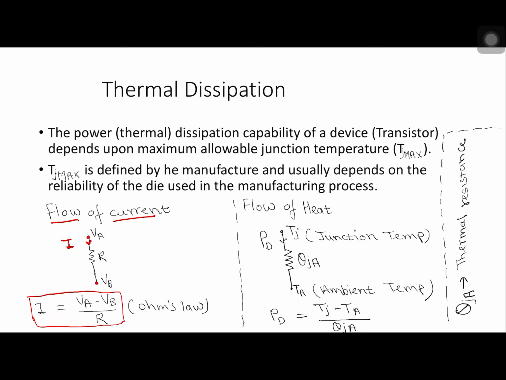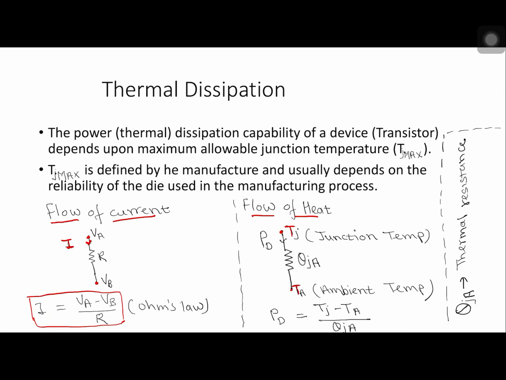This is the expression. Now, similar to the current flow, there is a flow of heat. This is a junction at temperature Tj. This is another node, that is ambient surrounding temperature Ta.